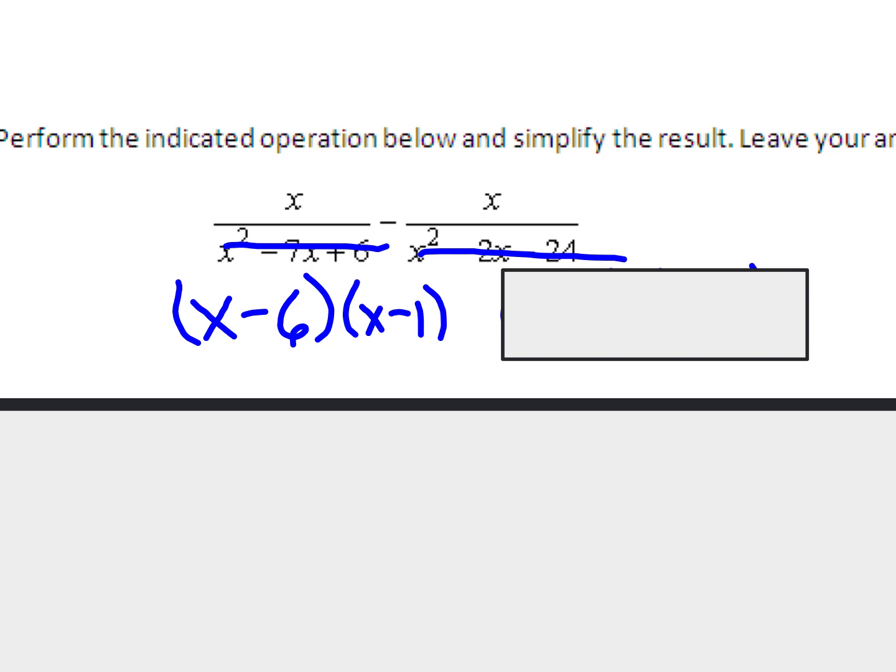X squared minus 2x minus 24. How's that factor? There's a shortcut you could take. So you're thinking about things that multiply to give you x squared, which would be? X and x. Good.